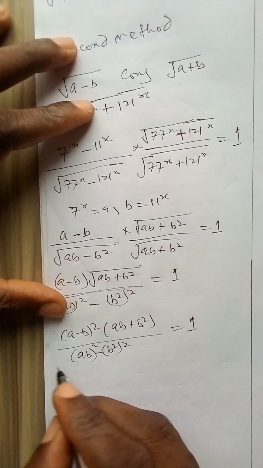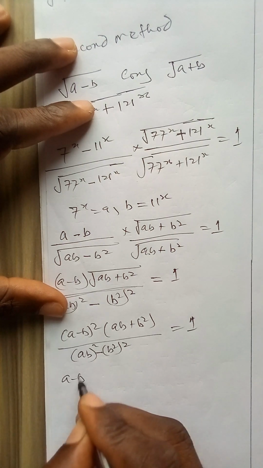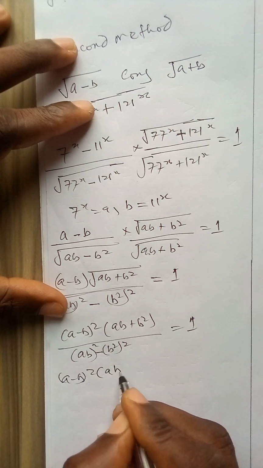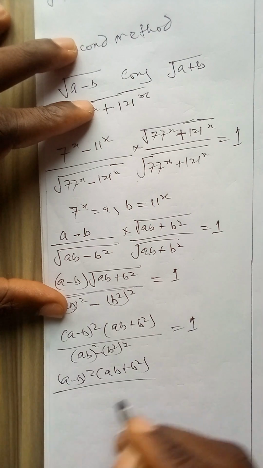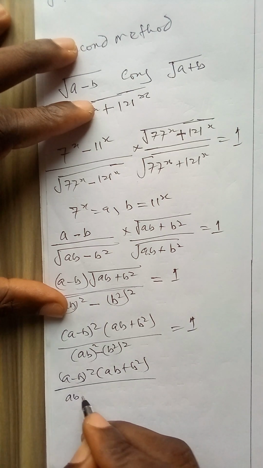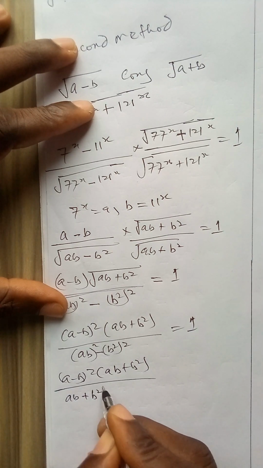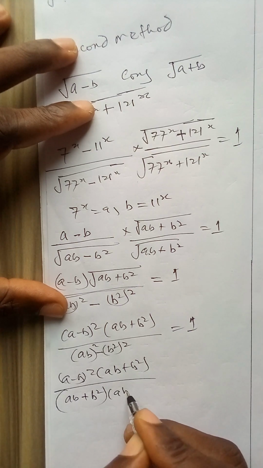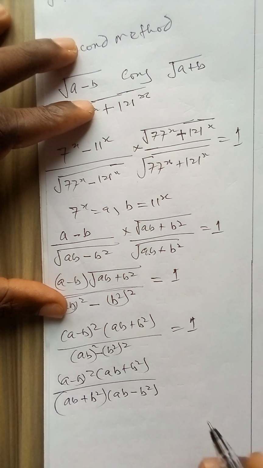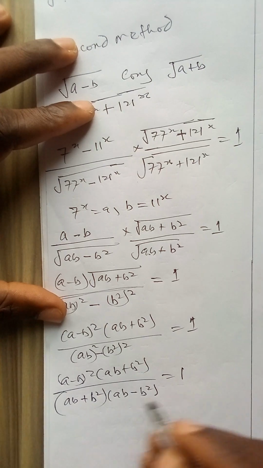So I have, if I proceed, a minus b squared, ab plus b squared all over ab plus b squared in a bracket and ab minus b squared in another bracket is equal to 1.